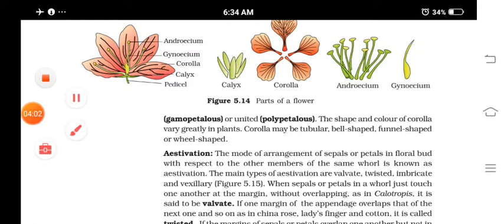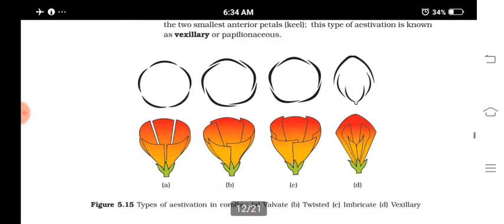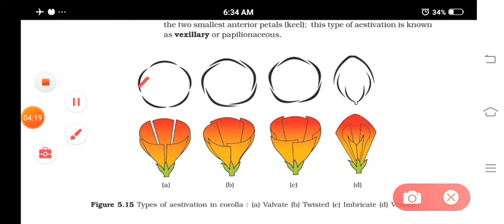And there are different types of aestivation: valvate, twisted, imbricate, and vexillary. So all these are different kinds of aestivation. What do you mean by aestivation? That is the arrangement. See, whether the sepals are not touching each other, just placed near to each other, or they are overlapping.